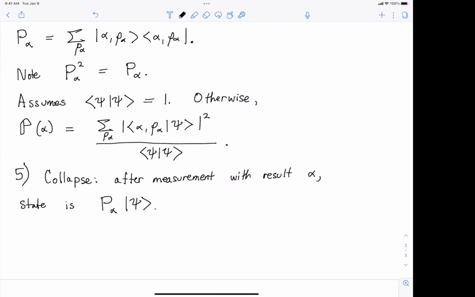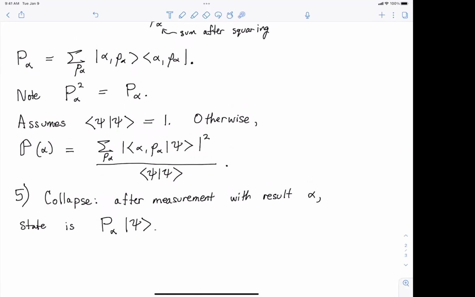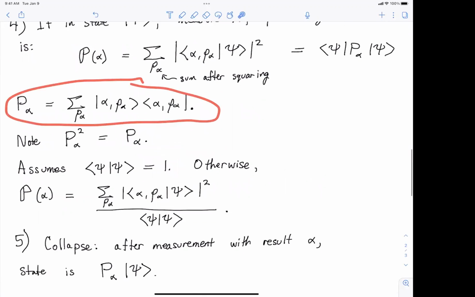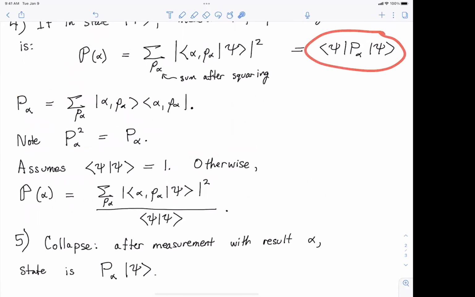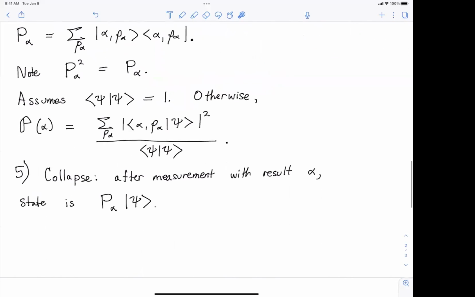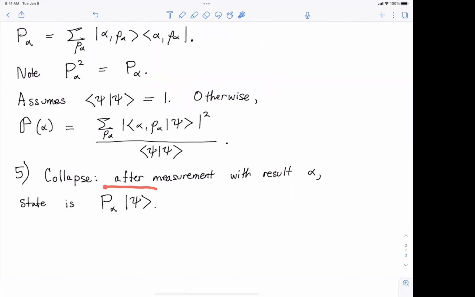Okay, so the projection operator here is good for two different things. One is it gives you one formula for the probability. Of course, you can just write this down directly if you want. You don't necessarily need the projection operator. But if you do it in terms of the projection operator, then you also are able to derive the state after the measurement. It appears in both places.